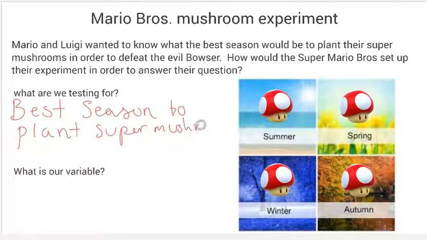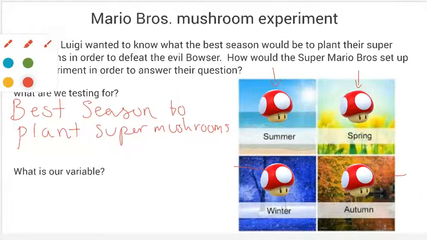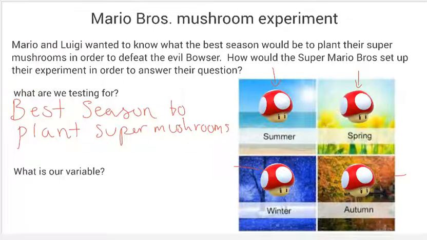And if we look to the right here, we can see a visual representation of our experiment. We have our super mushrooms in each of the 4 little sections of the picture. That picture is divided up into 4 different sections, which are our seasons: summer, spring, winter, and autumn, or sometimes we call autumn fall.